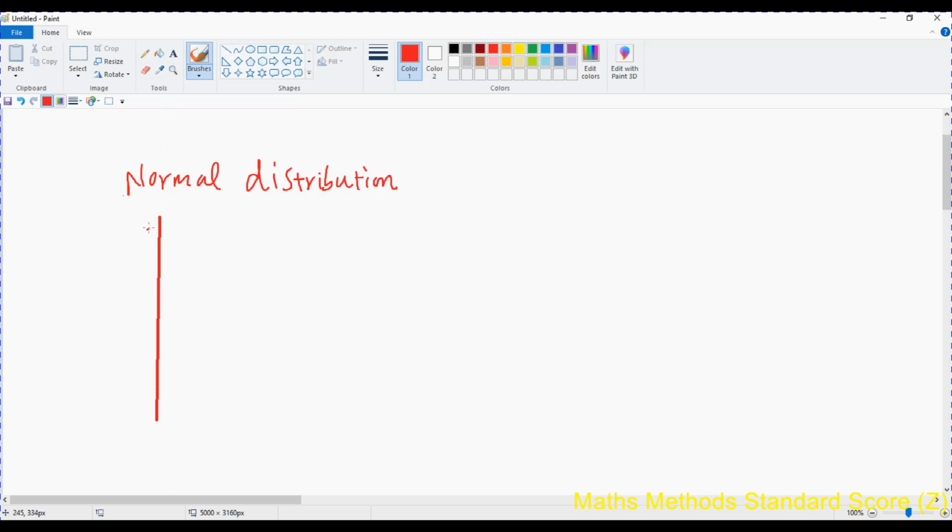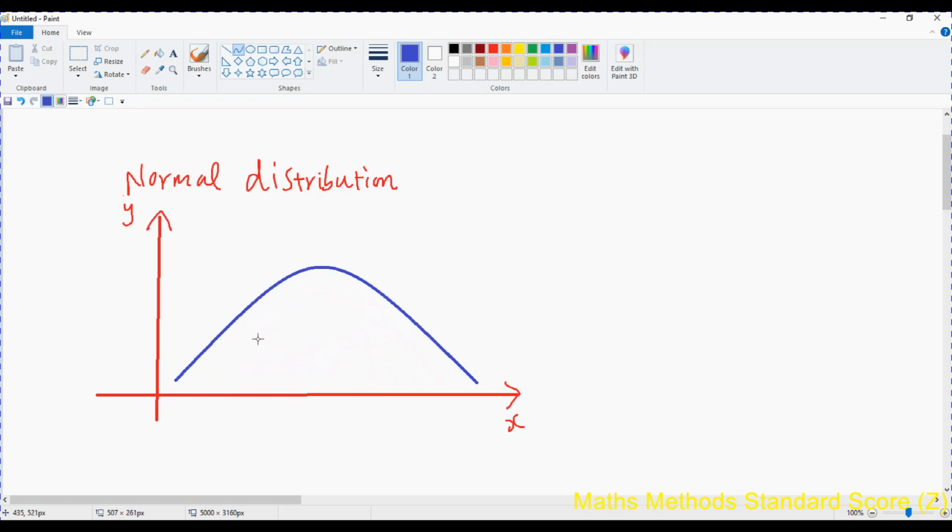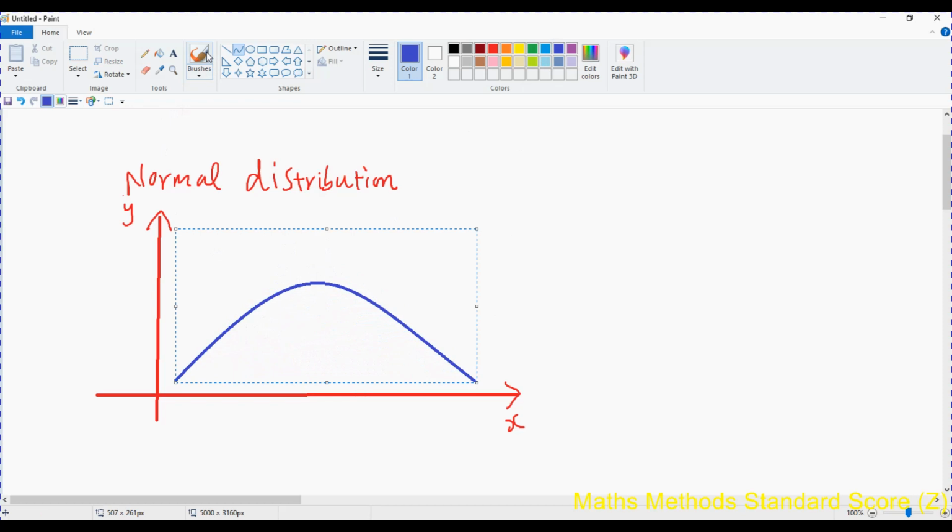Okay, so this is our y-axis, x-axis. So the probability density function of the normal distribution will look like this. It's not completely like this, but just bear with me. So it's like a bell shape.